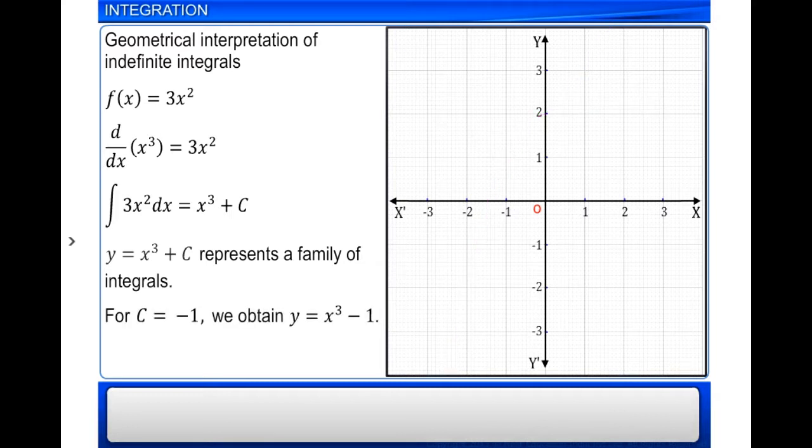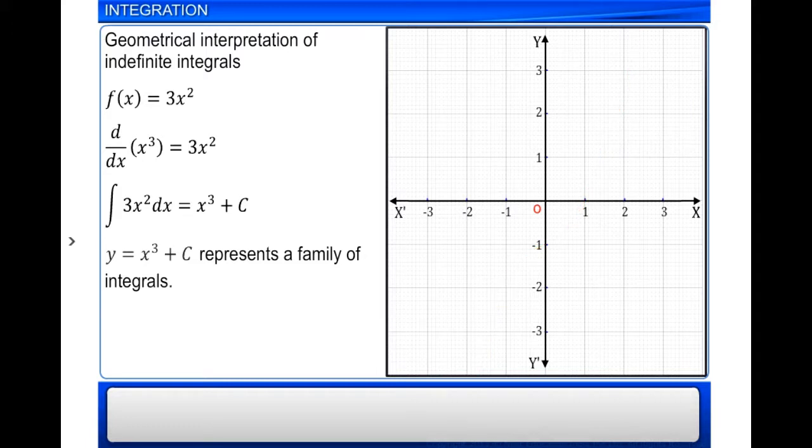For c is equal to minus 1, we obtain y is equal to x cube minus 1. The curve can be obtained by moving the graph of y is equal to x cube 1 unit along the y-axis in the negative direction.